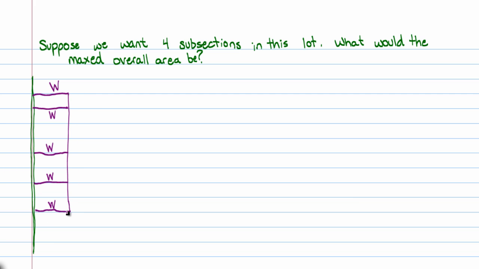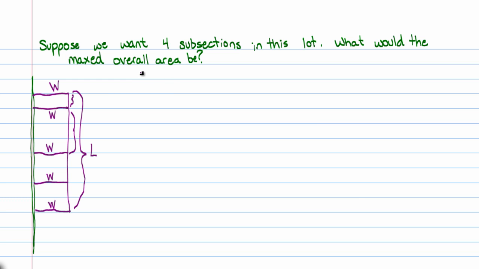And since I'm allowing these to be different sized subsections, I'm just going to call this whole thing a length. Okay? It's because I don't know really what that bit is or what this bit is. That's not important to me. I'm actually asking what's the total area that I can fence off, and the best total area.